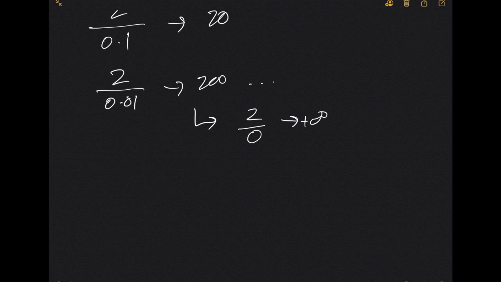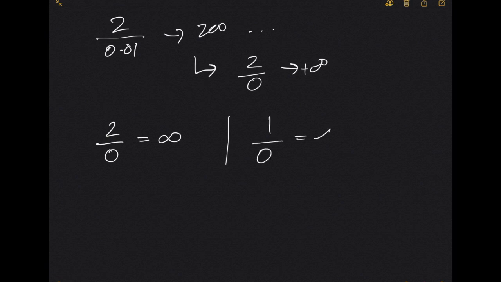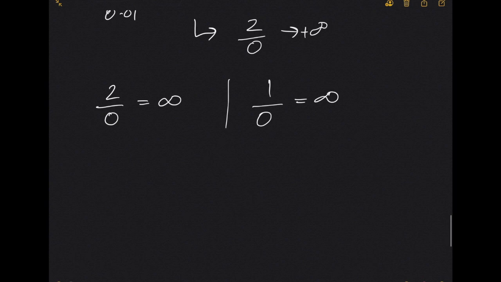So yes, it does. So would that mean, therefore, that if mathematics tells us that 2 divided by 0 equals infinity, and also 1 divided by 0 equals infinity, well, surely we could sub these two infinities into each other, and we could say 2 divided by 0 equals 1 divided by 0, because of the same denominator, that will tell us that 2 equals 1.